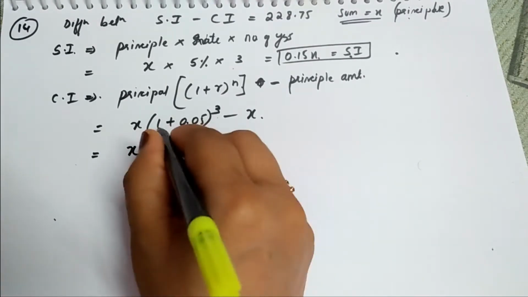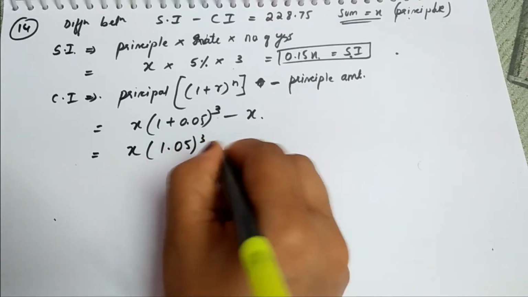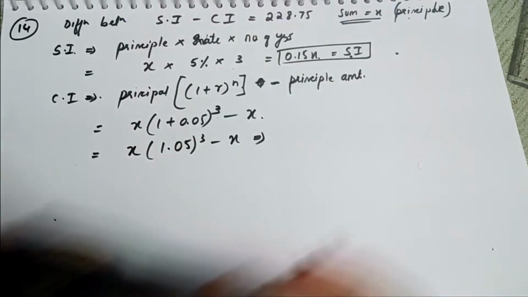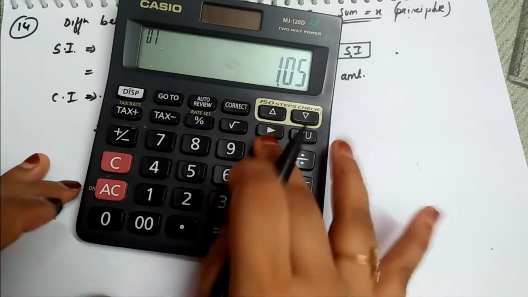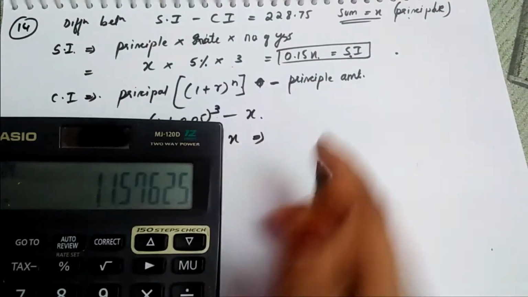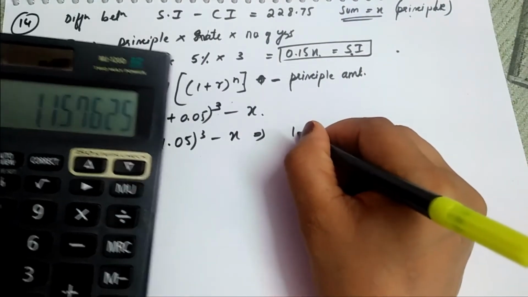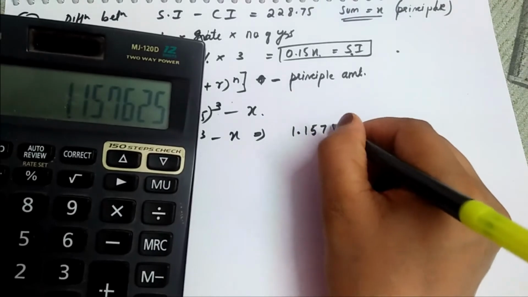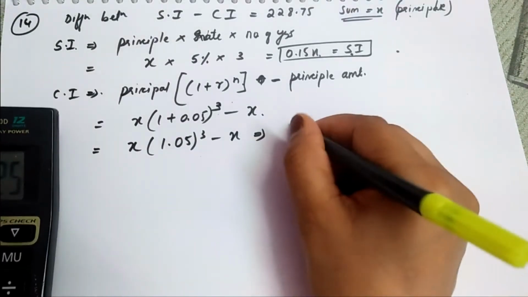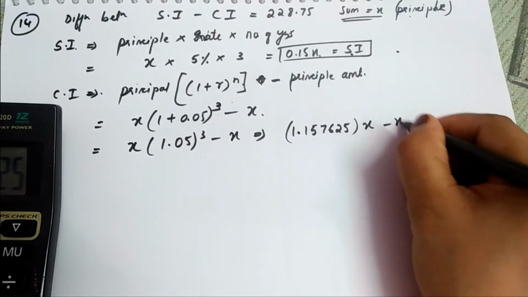Now simple. x into 1 plus 0.05, which is 1.05 to the power 3, minus x, which is nothing but 1.157625x. Don't forget the x here, minus x.